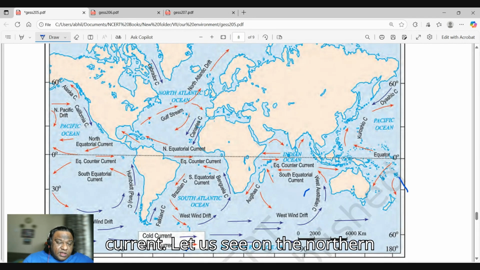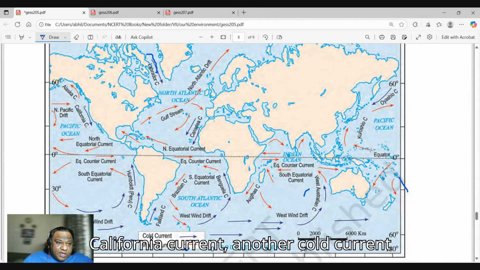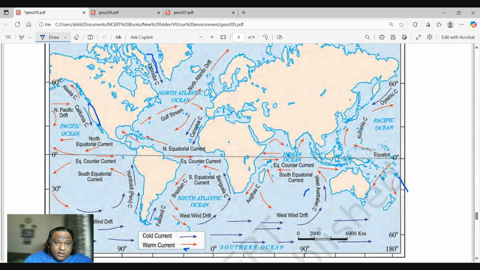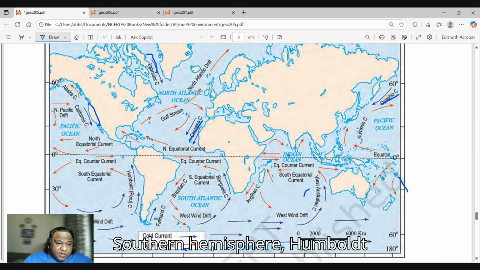Let us see in the northern hemisphere: the Labrador current, coming from Greenland, then the California current, another cold current, and the Oyashio current, another cold current. Canaries current near Africa, another cold current. Southern hemisphere: Humboldt current, Peru.